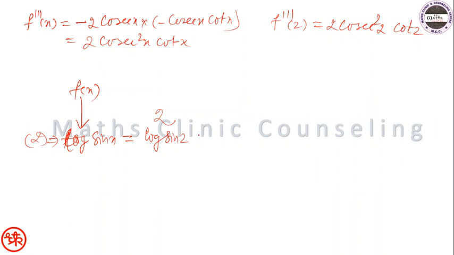Then plus (x minus 2) into f dash of 2. How much is f dash of 2? f dash of 2 is cot 2. Plus (x minus 2) whole square by 2 factorial into f double dash of 2. How much is that?